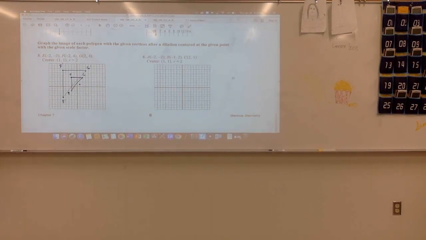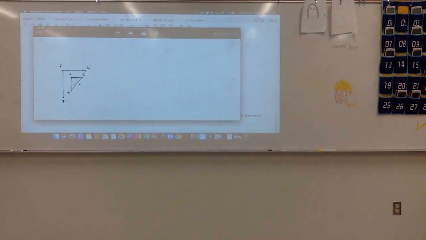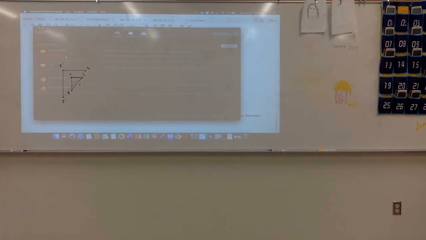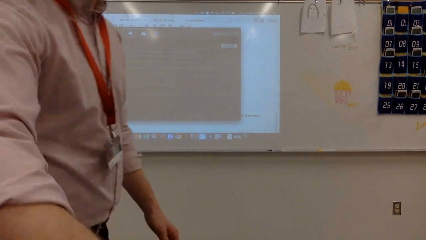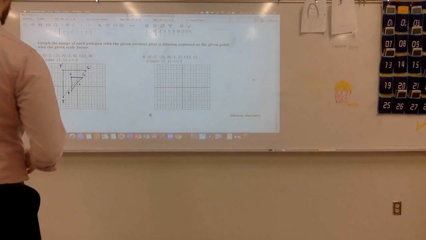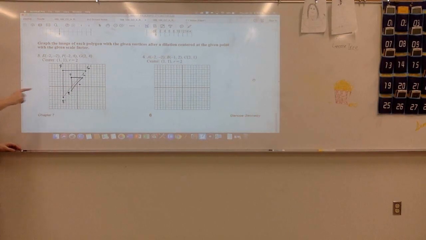So 6 would be moving from the center. Yeah. Okay.